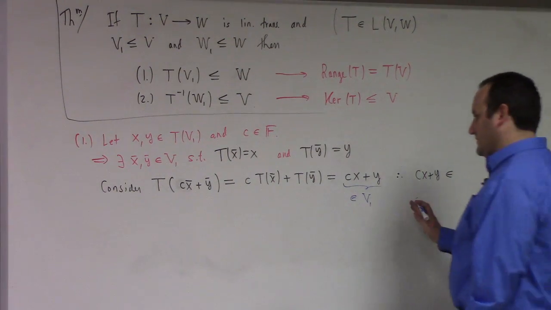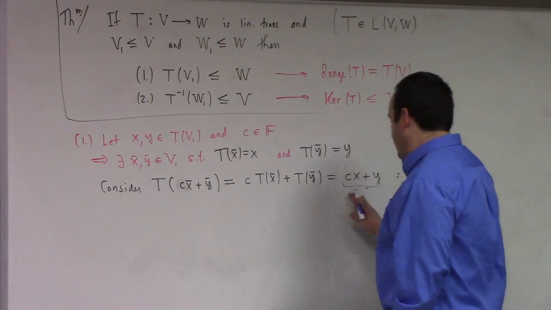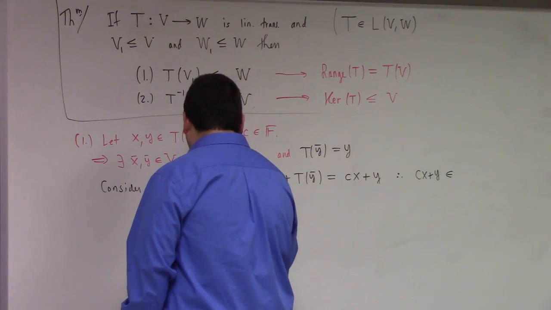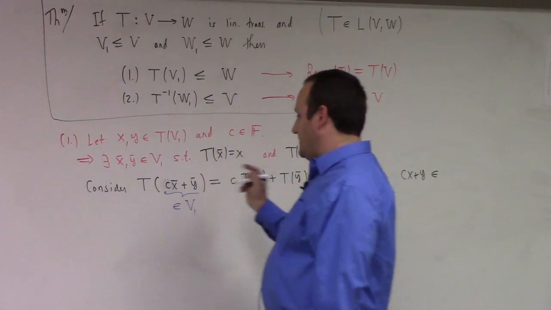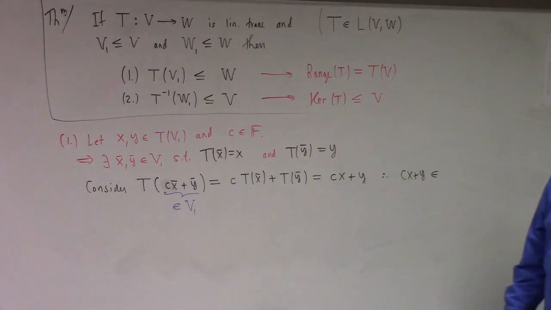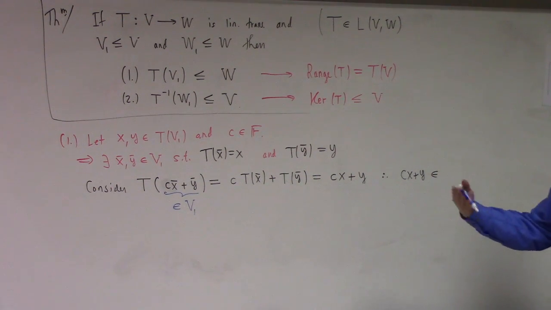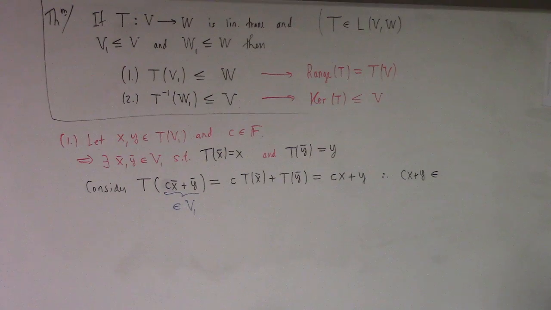This over here is an element of V1, right? How do I know that cx bar plus y bar is an element of V1? V1 is a subspace, right? So if x bar and y bar are in V1, then a linear combination of them is again in V1, because V1 is assumed to be a subspace.